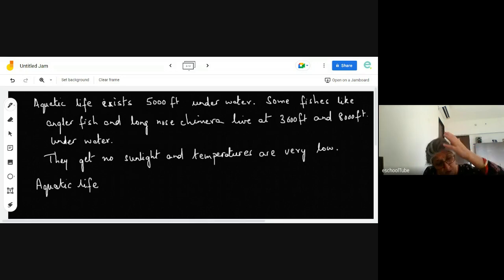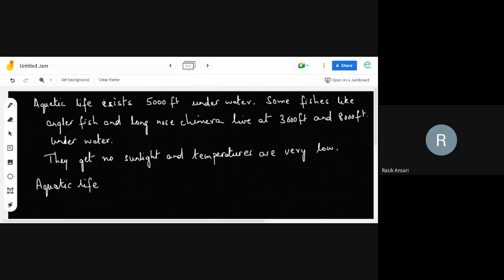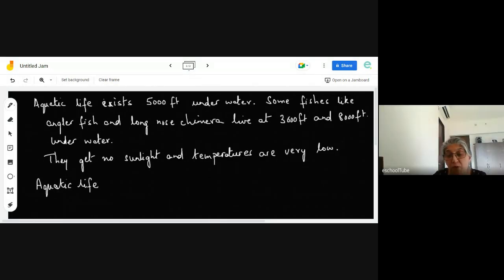And it goes down deep up to 5,000, 8,000 feet also. And aquatic life without salt water कौन सी होती है, उसको क्या बोलते हैं? बताओ. अगर दोबारा से चलाना है तो बोलो दोबारा चला दो.